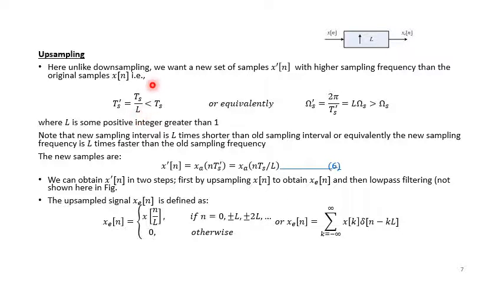So that means t prime s is l times smaller than ts, or in terms of frequency we can say that omega prime s is l times higher than omega s, right?